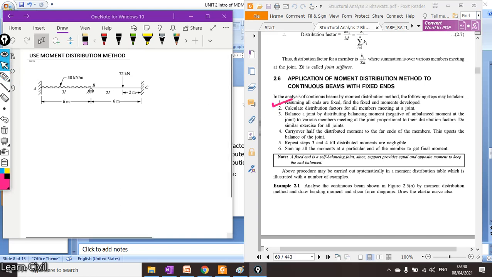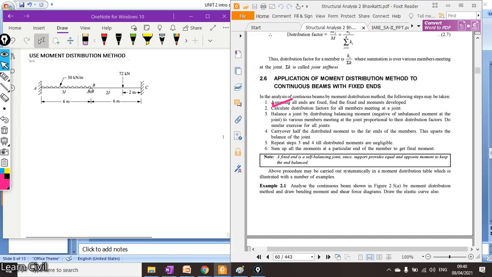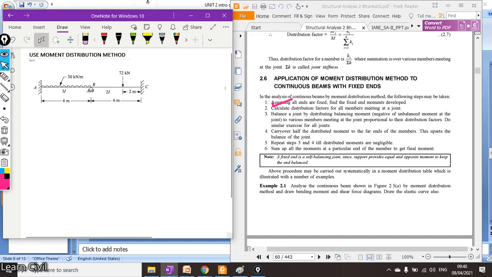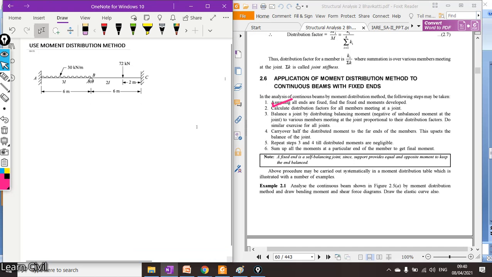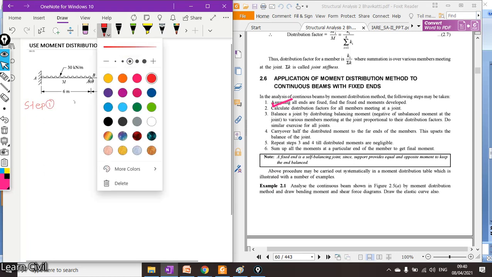This is similar to the way we calculated the fixed end moment in the slope deflection method. So step 1 is to find the fixed end moment.